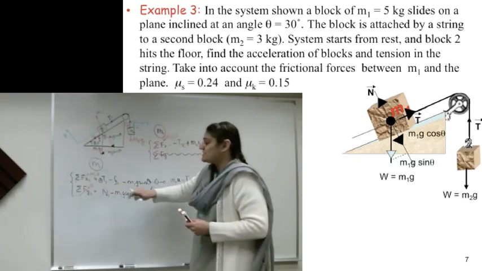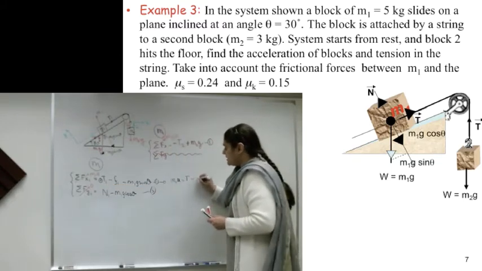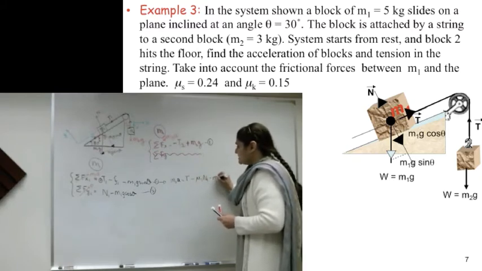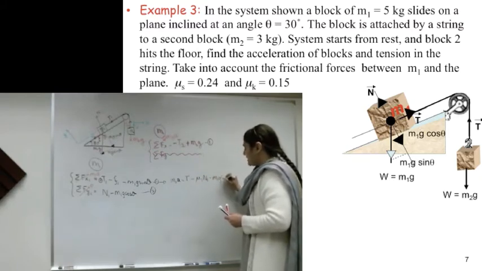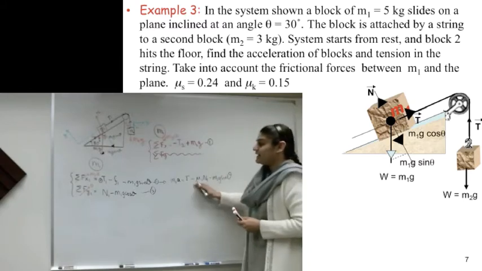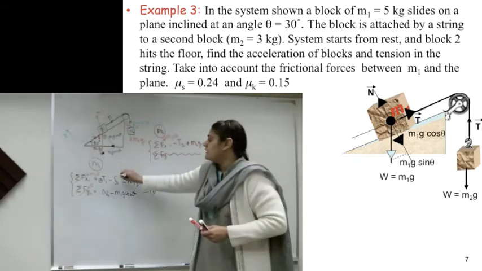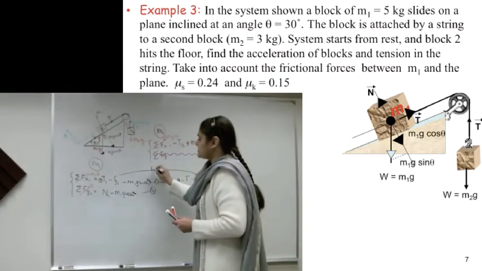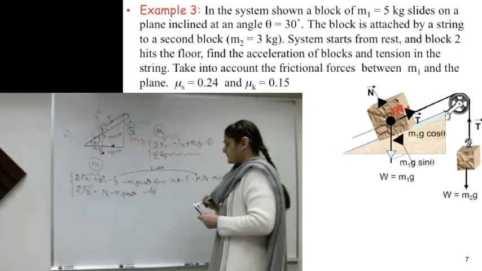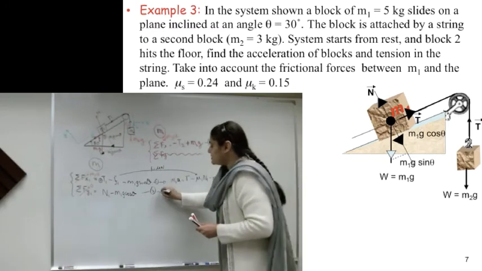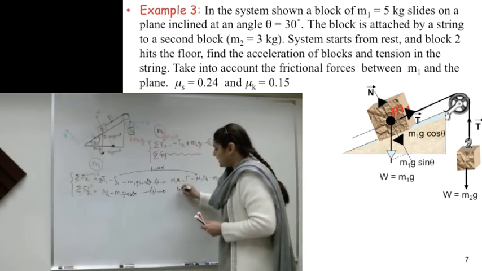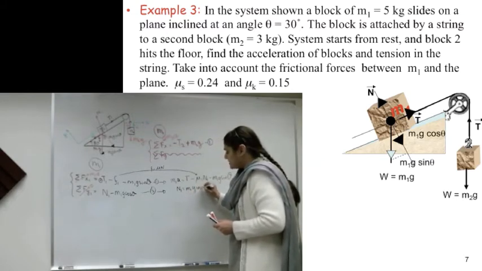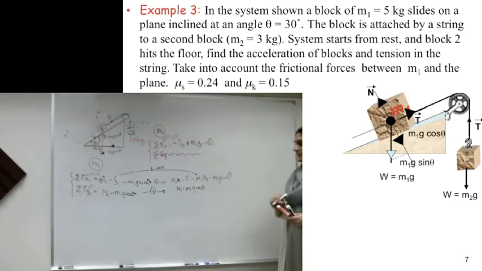Okay? So this means this equation can be rewritten as M1A equals T. Note I'm going to drop the subscript. I'm just going to call it T, minus mu1 N1 minus M1G sine theta. I have plugged in the value for friction here, right? Frictional force equals mu N. From equation 2, I get N1 equals M1G cosine theta. Okay?